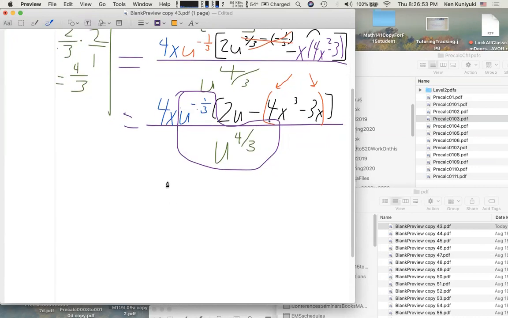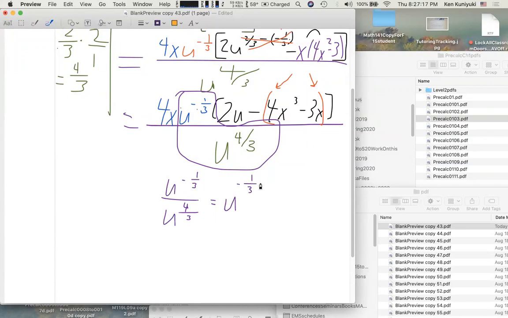What do we get? All right, u to the -1/3. This is side work. Divided by u to the 4/3. When you divide powers of u, what do you do to the exponents? When you divide powers of u, thank you, you subtract.